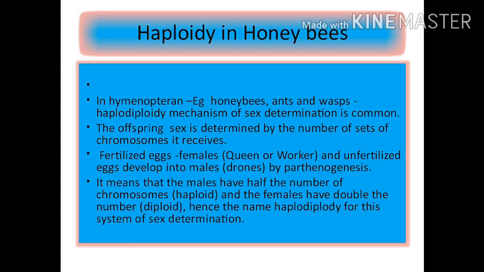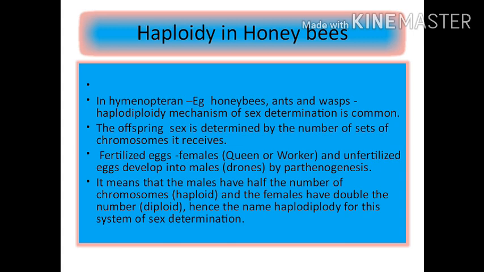This is by parthenogenesis. What is parthenogenesis? Without undergoing the process of fertilization, if the young one is developed, that is said to be parthenogenesis. In honeybees, the sex is determined by parthenogenesis.